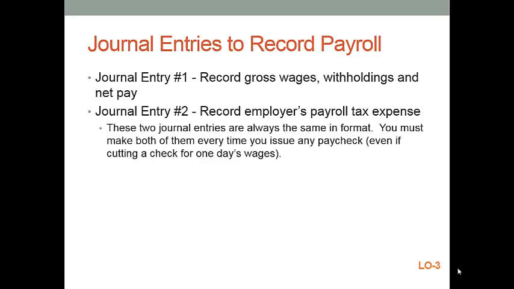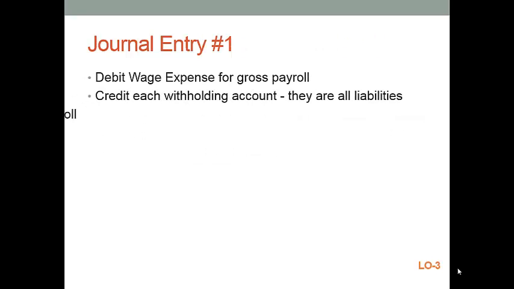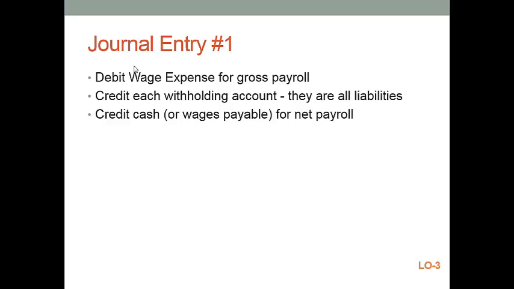Let's look at journal entry number 1 first. The format of these journal entries is the same every time. In journal entry number 1, you're always going to debit wage expense or some type of expense like salary expense.